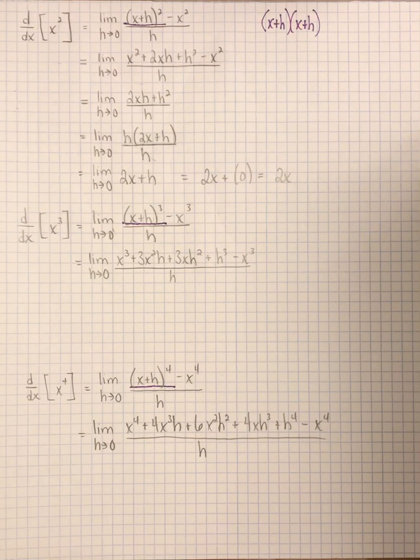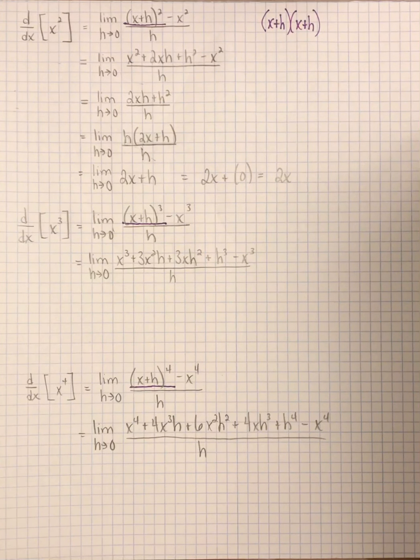Now, the fact that there's two terms is due to the fact that it's the derivative of x squared. Down here, I did not work through the entirety of the problem based on the idea that if the x terms are going to cancel and the remaining terms have an h that can be factored out, then really what we need to be focusing on is the expansion of the binomial.